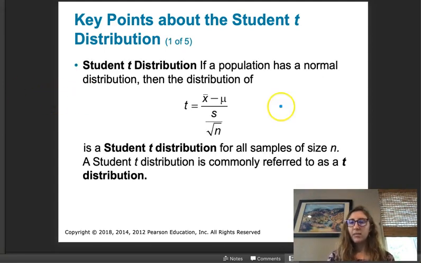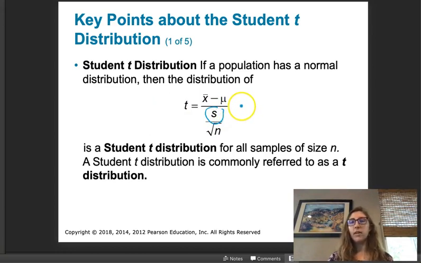I just wanted to mention, we are not going to be calculating any T-scores here, but I did want to point out that this should look very, very similar to our formula for Z-scores. The only difference here is that this is involving the sample standard deviation, our S here instead of our sigma.